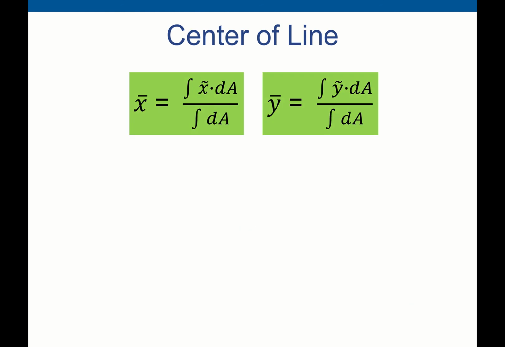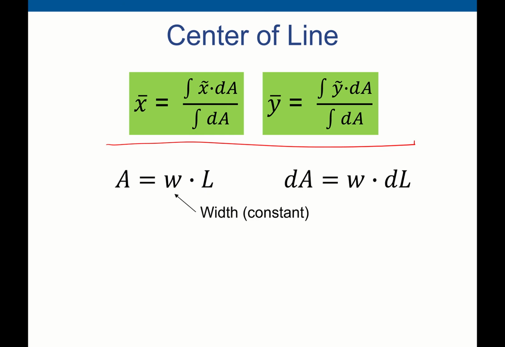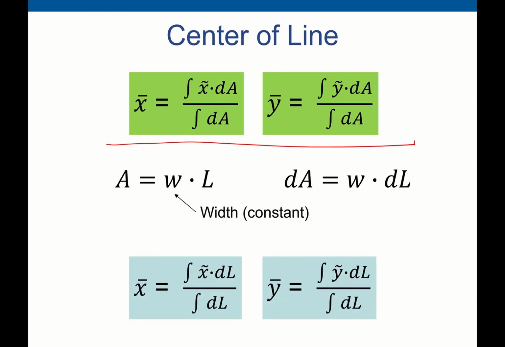The last concept is the center of a line. Since we know the center of the area, and area is width times length, let's assume the width is constant. Then x bar is equal to integral x tilde dl over integral dl, and integral dl is just L. You don't need to memorize this, just understand the concept.